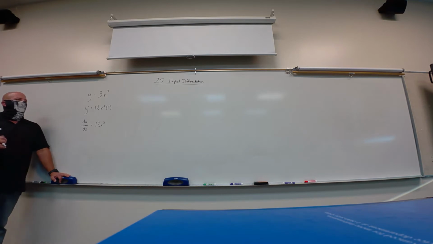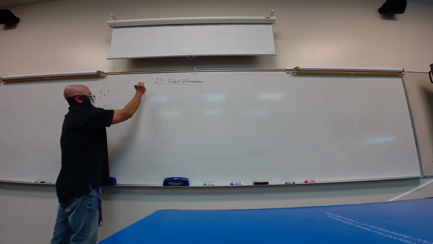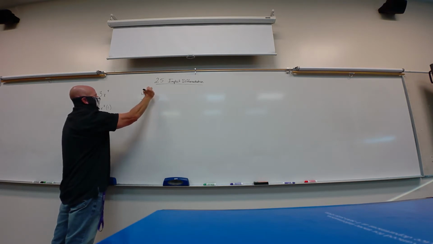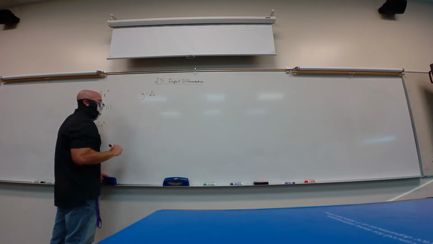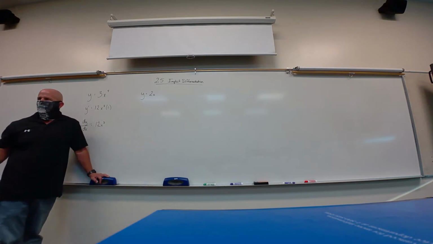Now, what we need to realize is when you do something to an equation, your old rule, what you do to one side, you do to the other side, right? Everybody agree with that? Okay, so if I said that y equaled 2x, what would the derivative be? 2, just 2, right?